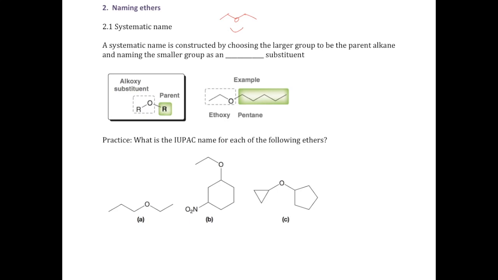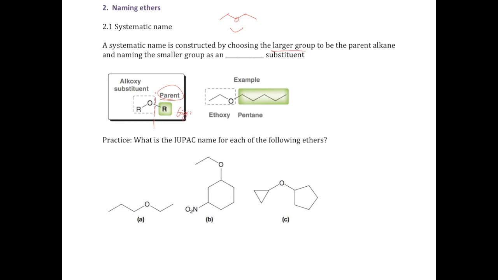Systematic name for ethers. So we say ethers are like 2 alkyl groups connected by an oxygen. So what we can do is we can look at the alkyl groups individually, see which is larger, and then treat the bigger alkyl group as parent.